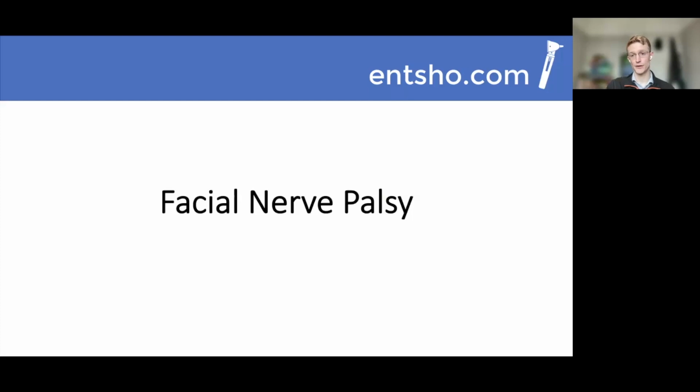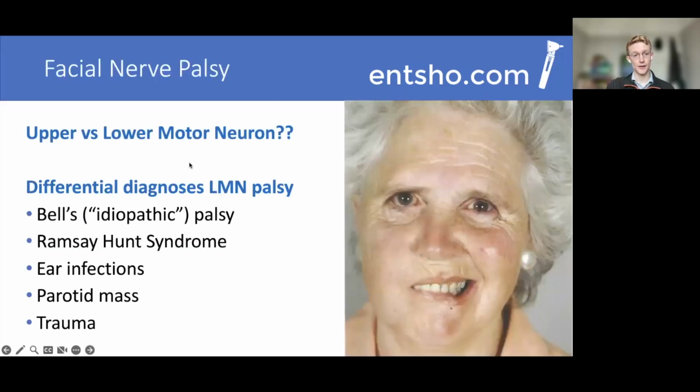Okay, so moving on to facial nerve palsy. The first question is: is it an upper or a lower motor neuron problem? Because you obviously want to exclude a stroke, and if they've had a stroke, you don't want them referred to ENT outpatients.